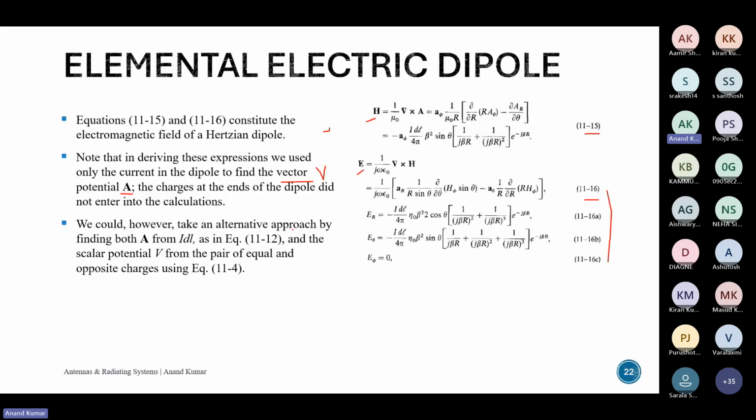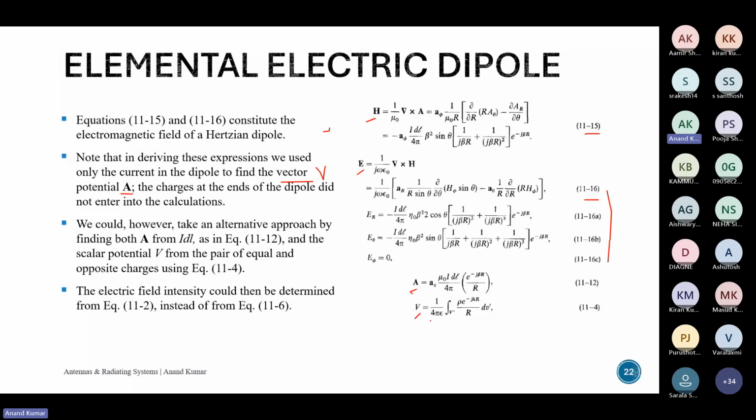So we can also calculate by using V. What we would do is we'll calculate A and V, and from A and V we can calculate E instead of using this expression, and H will be calculated from A. Did you follow?